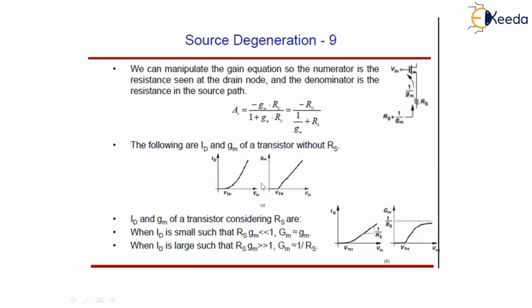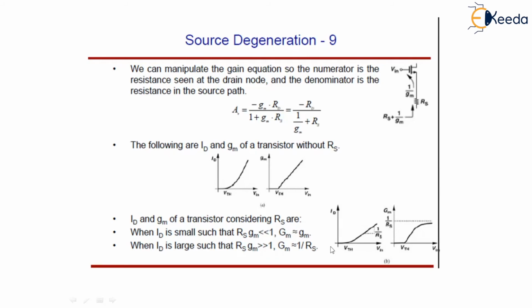And this is the equivalent transconductance of the circuit, which is also linear with Vin, but it is equal to 1 upon Rs. As Rs increases, it is equal to 1 upon Rs. It is the limit of this transconductance.